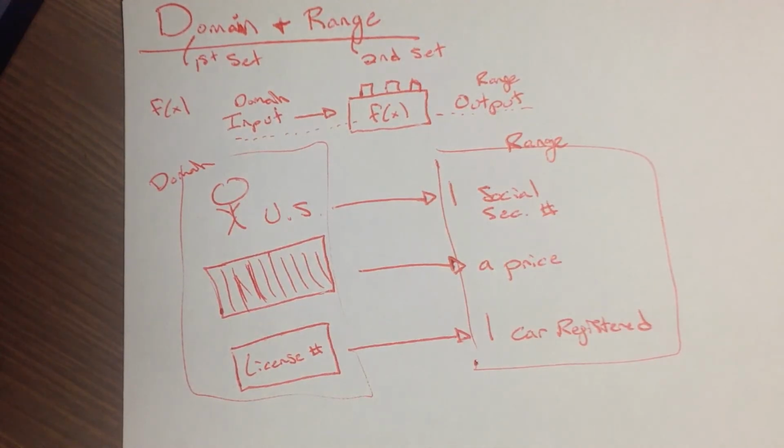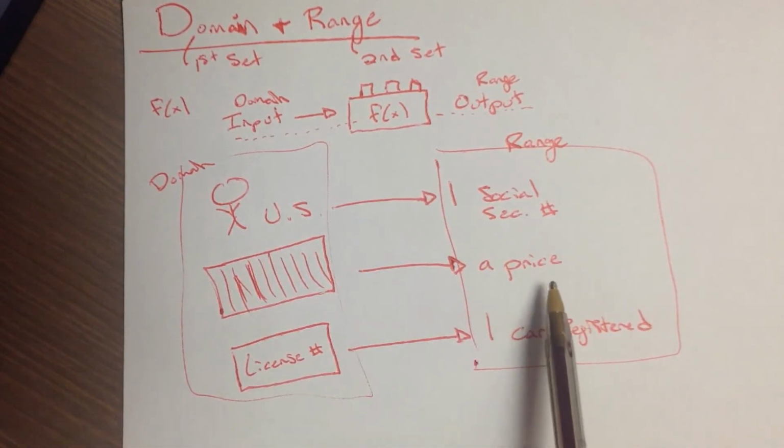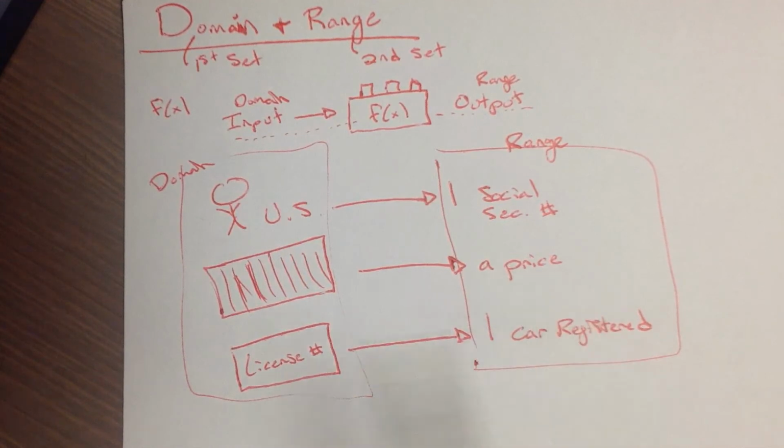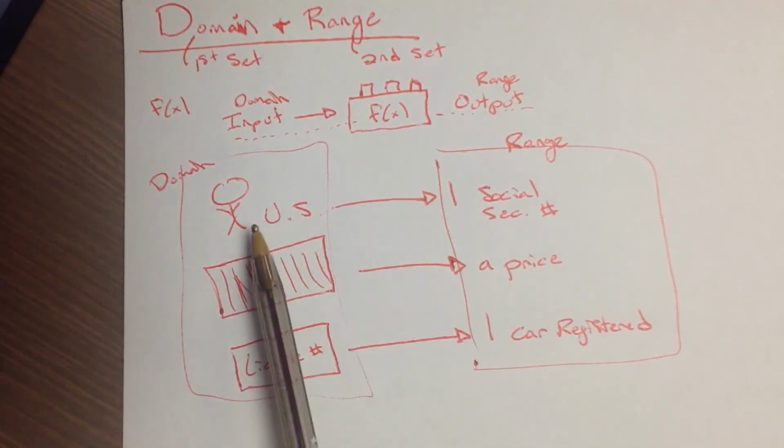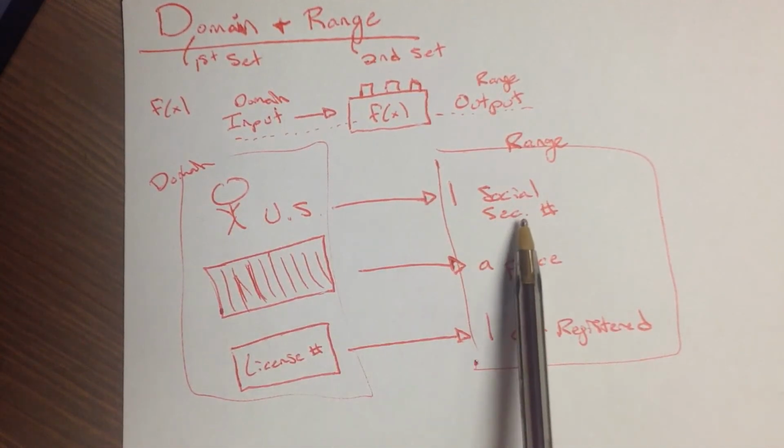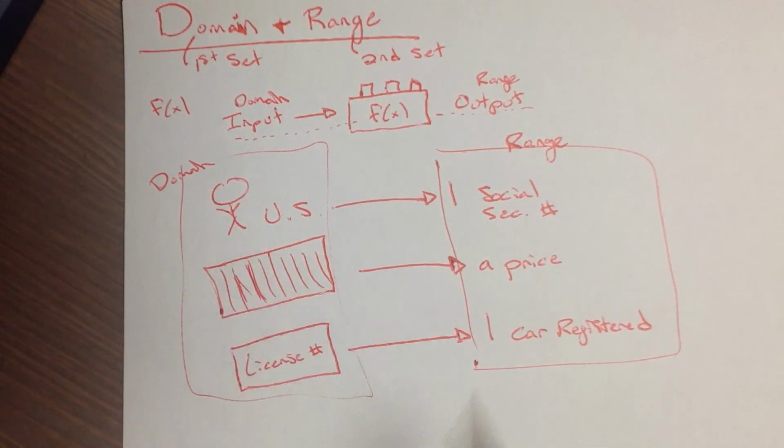So for every member in the domain, there is exactly one member in the range it corresponds to. When this happens, when it only corresponds to one thing in the range for each member in the domain, this is referred to as a function. And we'll talk more about this again in a minute.